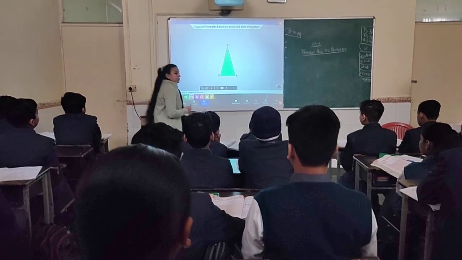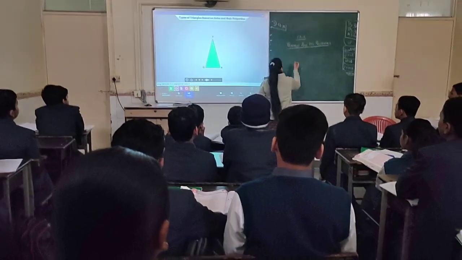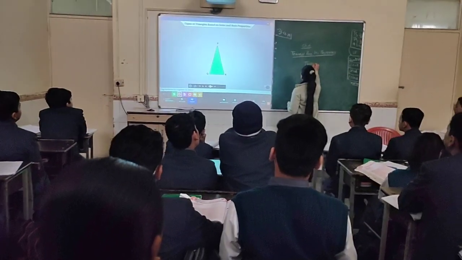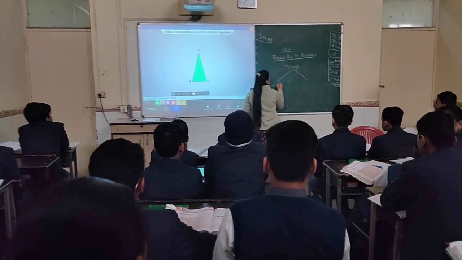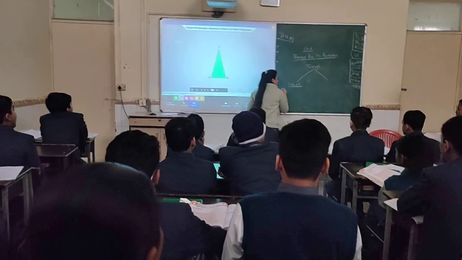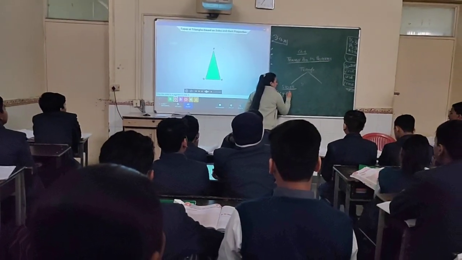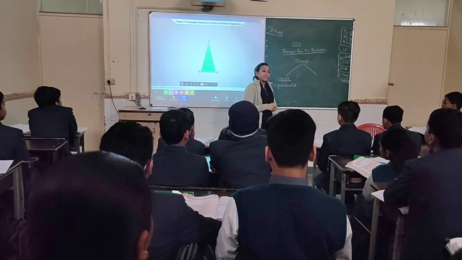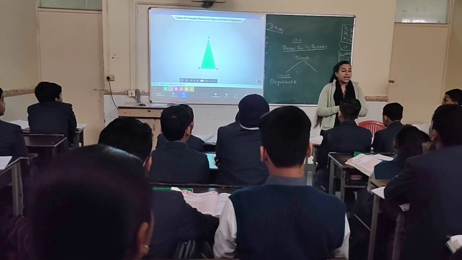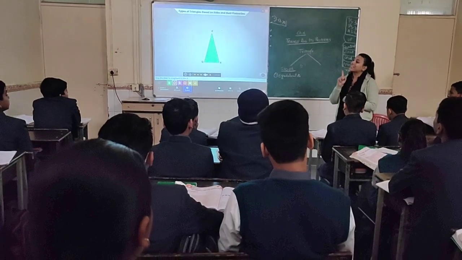Okay, just now we studied triangles on the basis of sides. So सबसे पहले हमने कौन सा पढ़ा? Equilateral triangle. In equilateral triangle, each angle is of 60 degree. हर एक एंगल कितने डिग्री का होता है? 60 degree.